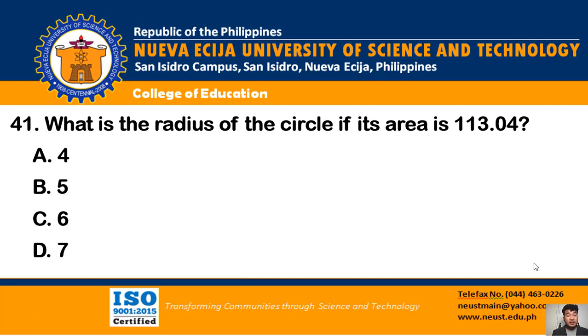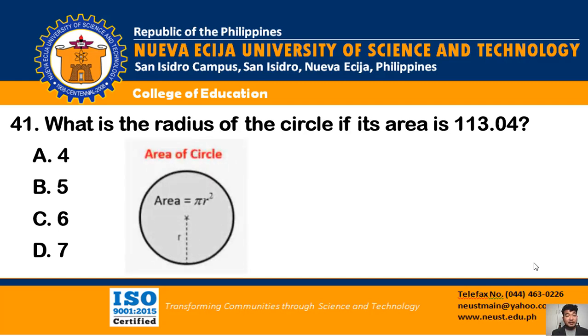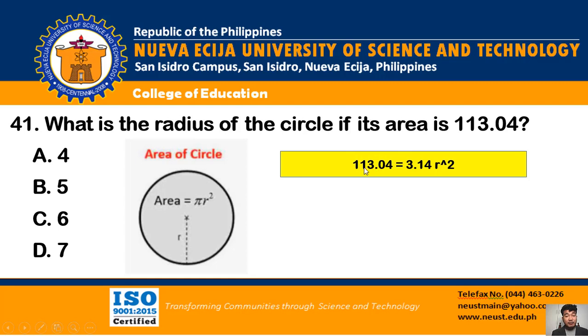41. What is the radius of the circle if its area is 113.04? The area of the circle, take note, is pi r squared. So we substitute the known values. We have 113.04, which is the area, and pi is 3.14 r squared.